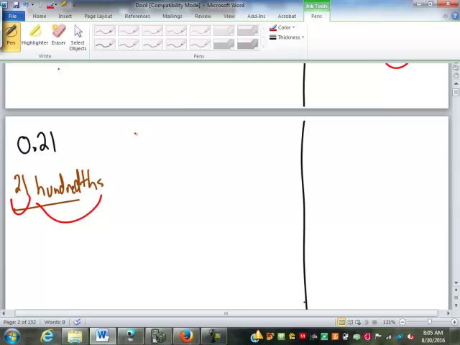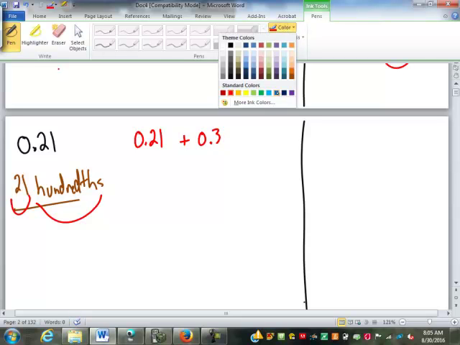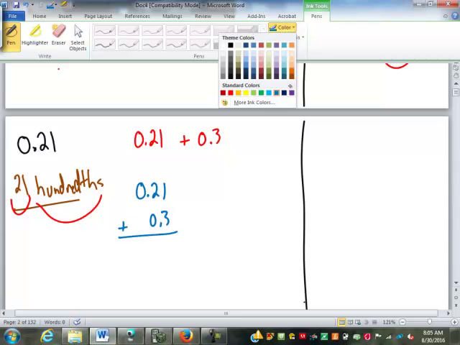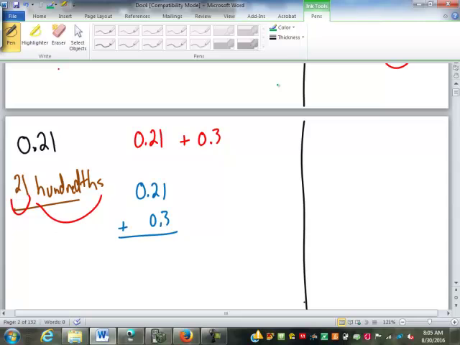So if I were going to add 2 decimals, let's say 0.21 plus 0.3, is that going to work like that? No, why not? Okay, we have to line up our decimal points.